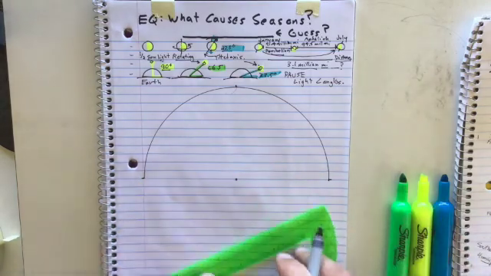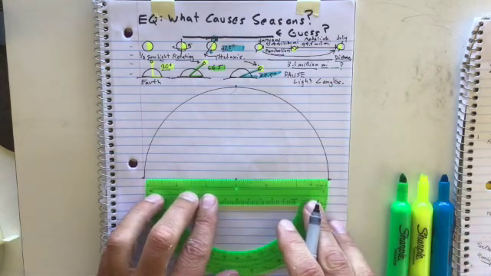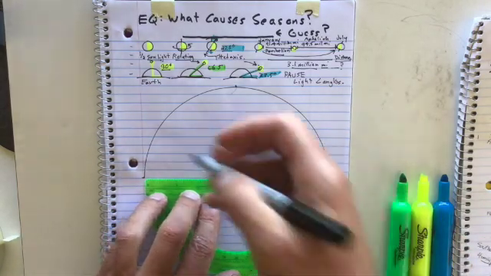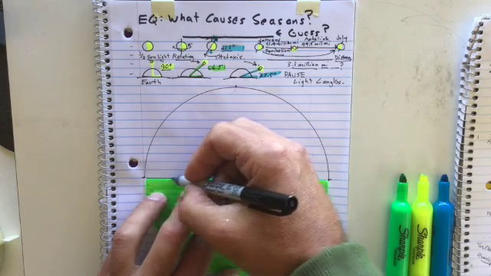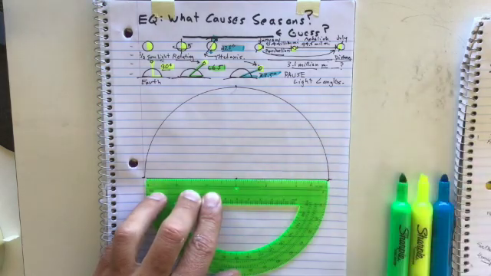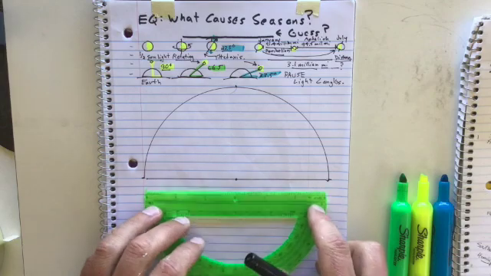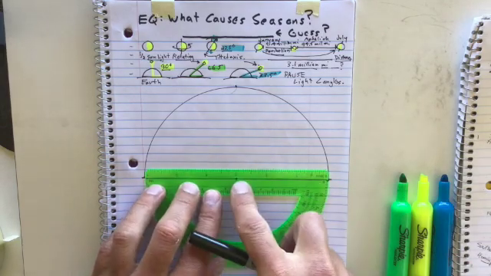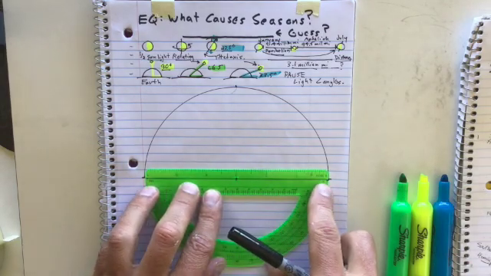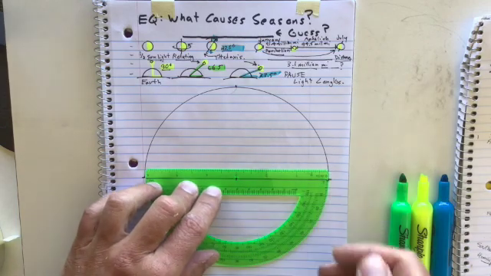Then we're going to take our protractor, flip it, and use it like a ruler, and we're going to draw a line to split the circle in half. Okay, then we're going to keep it upside down and line it up on the center point on 0 and 180, but it's flipped upside down.